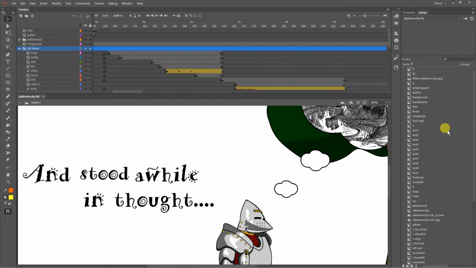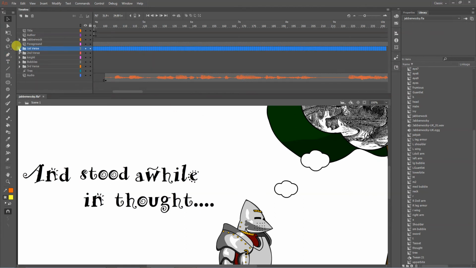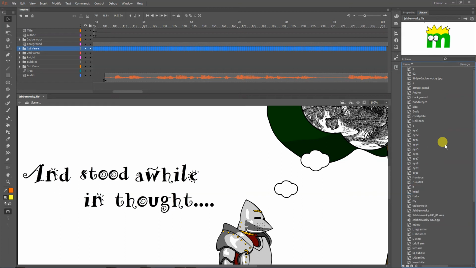I can look at the library. And as usual, the library is a little less organized than the impeccable timeline, but it's still all right. I mean, most things are labeled. There will occasionally be letters that, well, it's just the letter M, so how else are you going to label it anyways? But I don't see anything called symbol 2 in here, right?